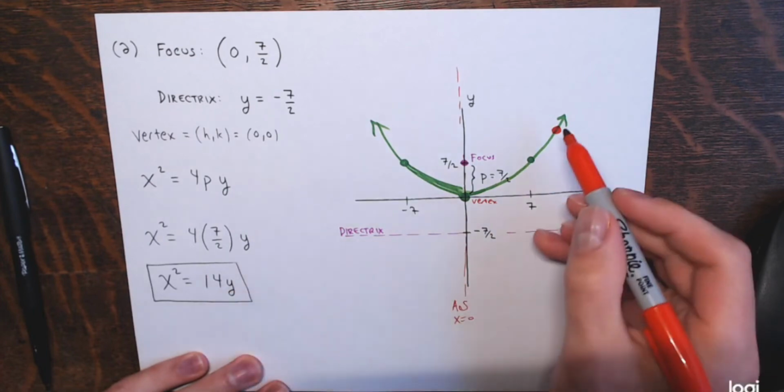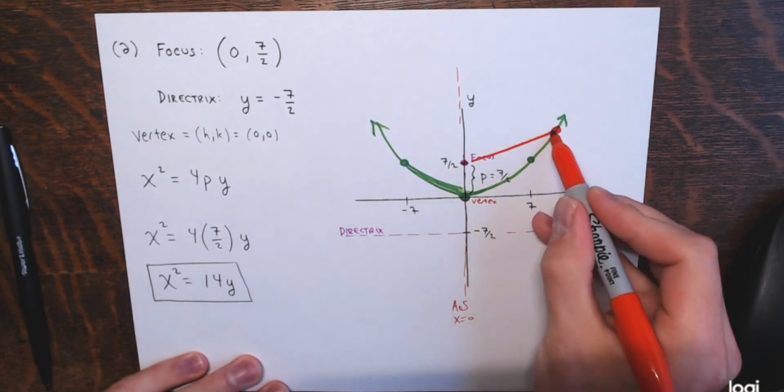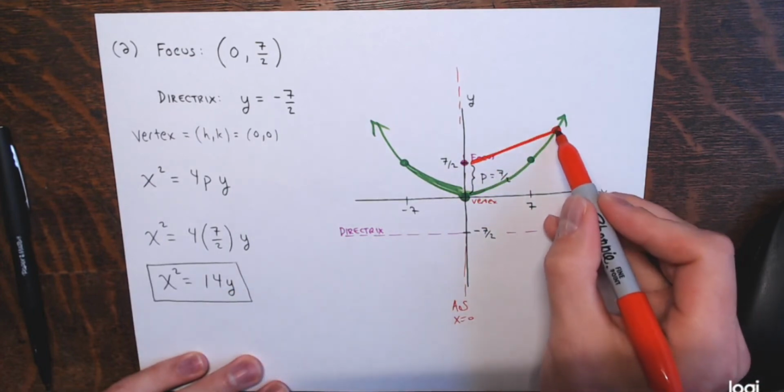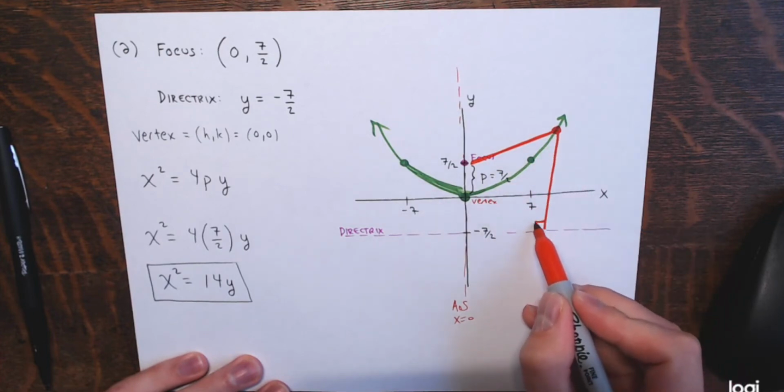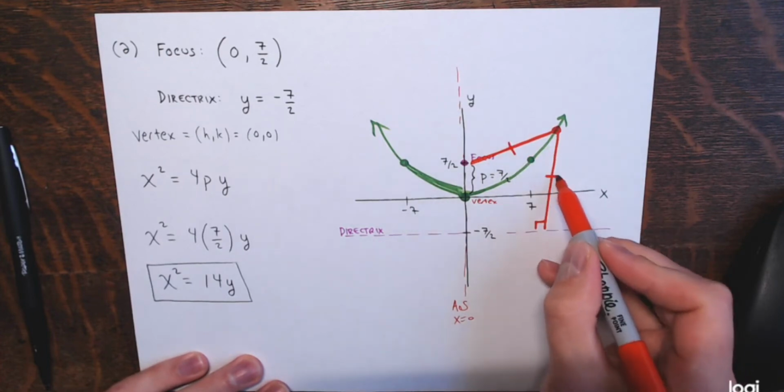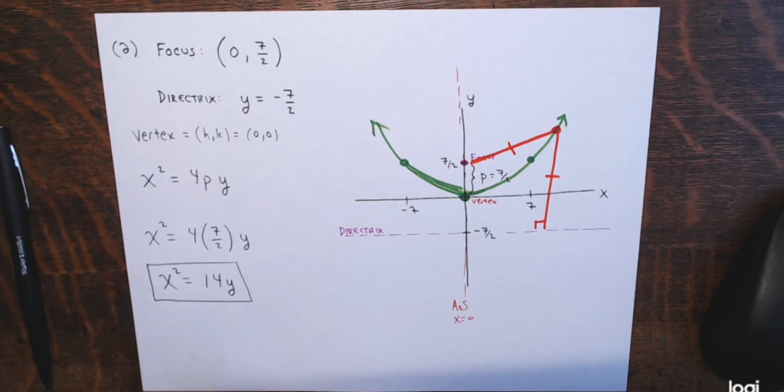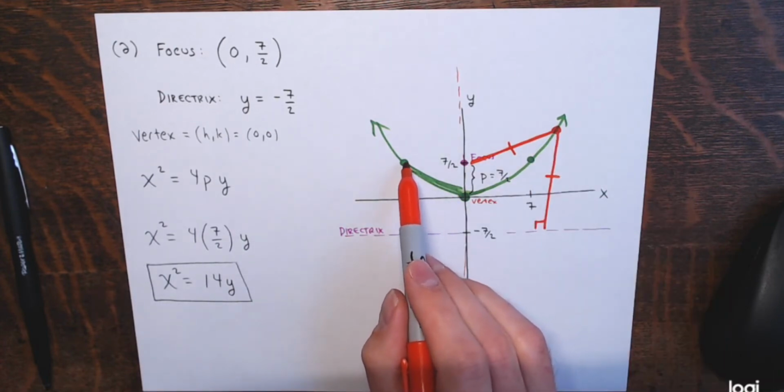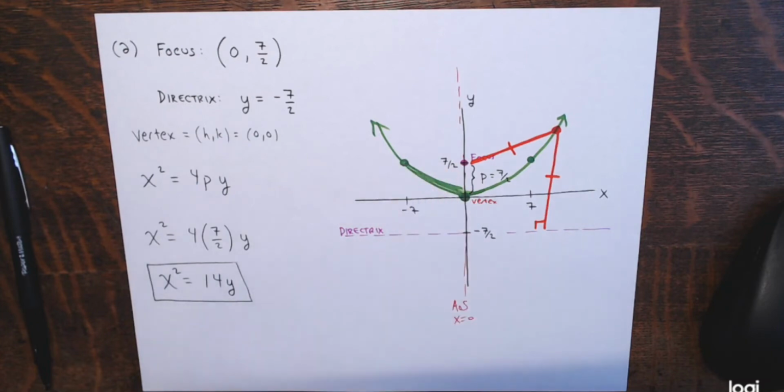If you were to take the distance to the focus and then the distance straight to the directrix, going perpendicular to it, those distances will be equal, no matter where you're at on the parabola. Go take any point, go to the focus, go to the directrix, and those are the same lengths, no matter what point you're at. That's why the focus and directrix help us write the equation for our parabola pretty easily.